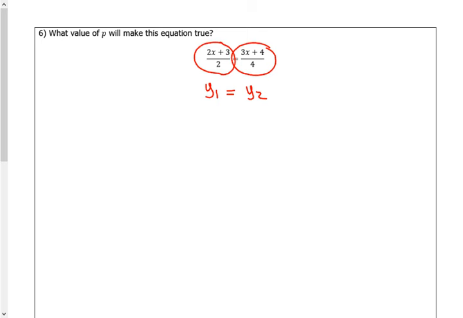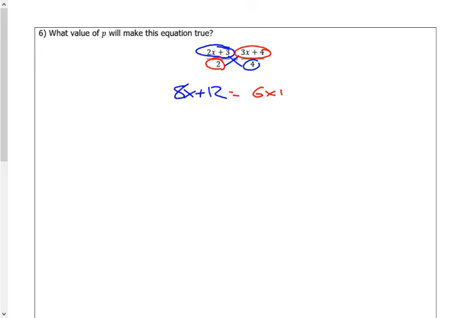Now, we're going to go through the way to solve it by hand, which is, in this case, to cross multiply. So we'll do 4 times this. And then we'll do 2 times this. And now we'll solve. Subtract 6 from both sides.